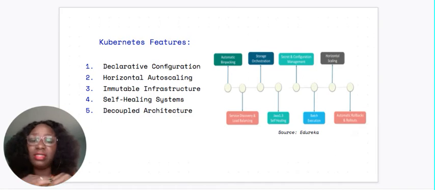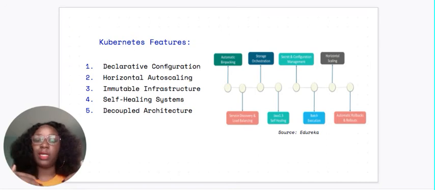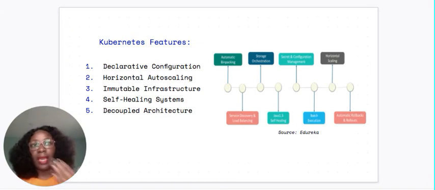We have declarative configuration. Let me take it one at a time. So declarative configuration here is, the way Kubernetes works is I give Kubernetes what I want. I come and say, oh, I want Kubernetes to do XYZ for me. I put that XYZ into a configuration file, which could be YAML or JSON. I put that specification that I want into that YAML file, and that's exactly what Kubernetes is going to give me.